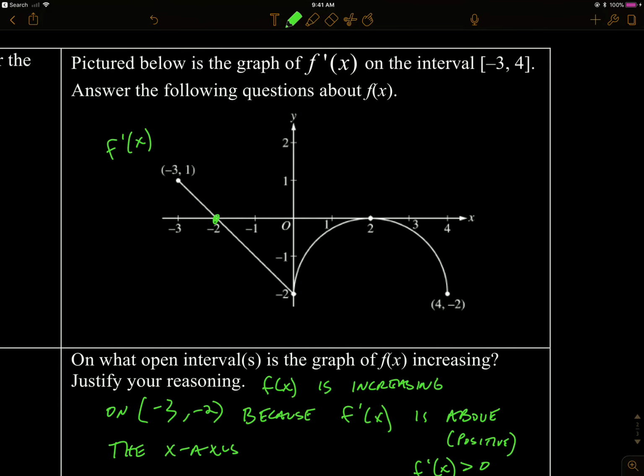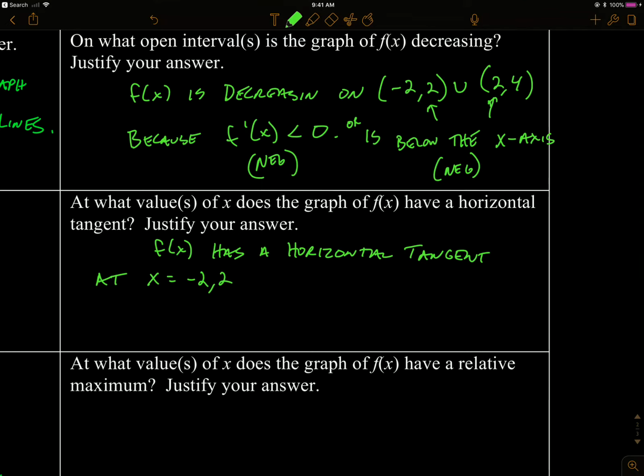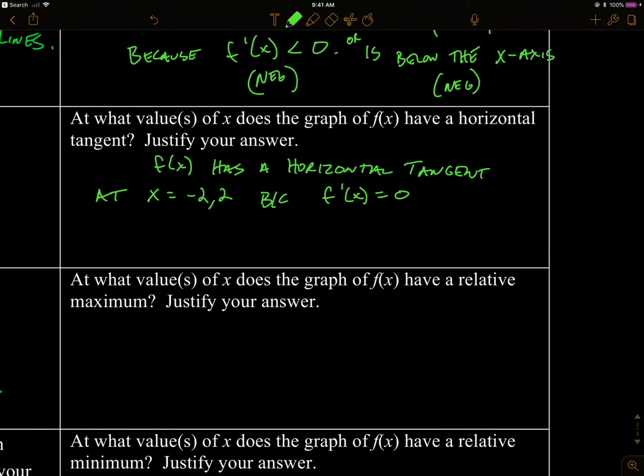So that looks like right there and right there. So at x equals -2 and 2, because f prime of x is equal to 0. Or you could say, if you're talking about the graph, f prime of x has x-intercepts at those spots.